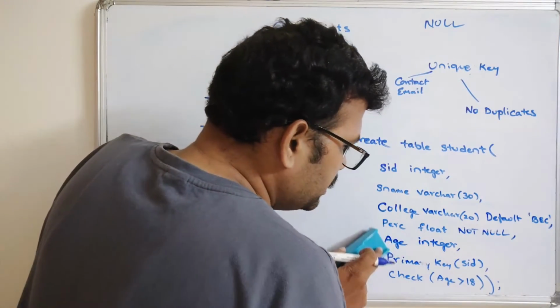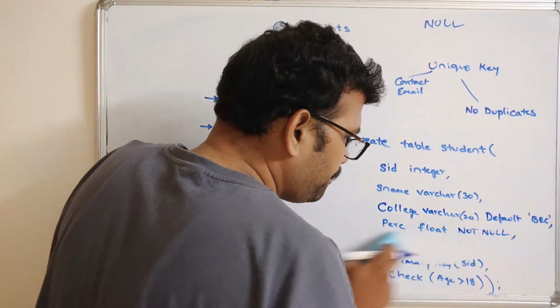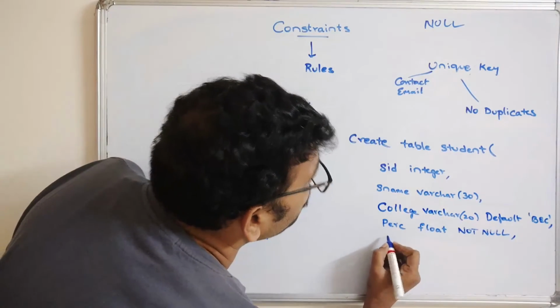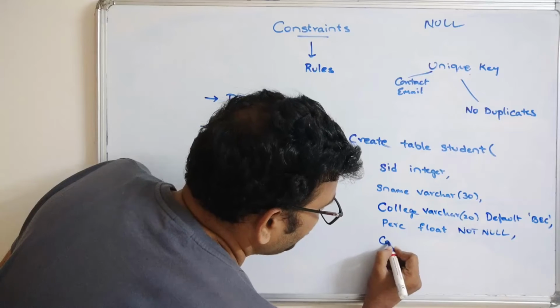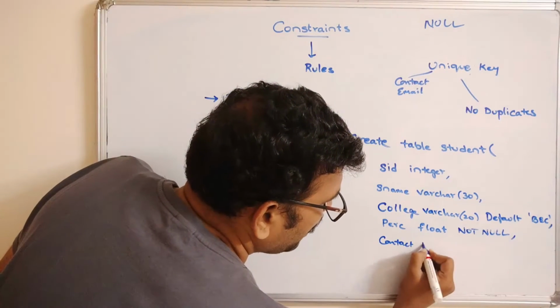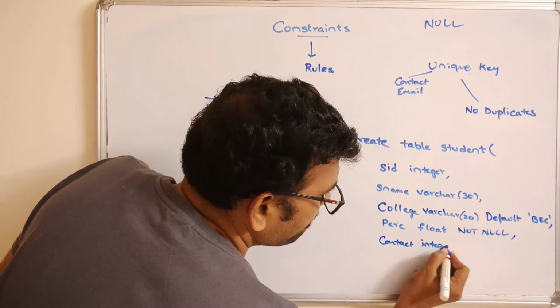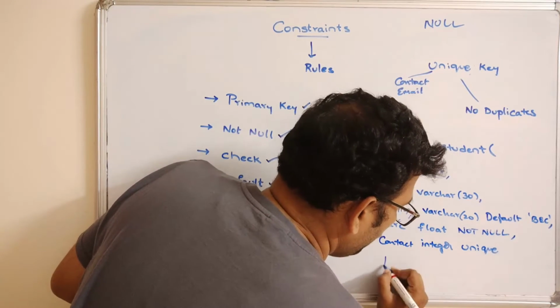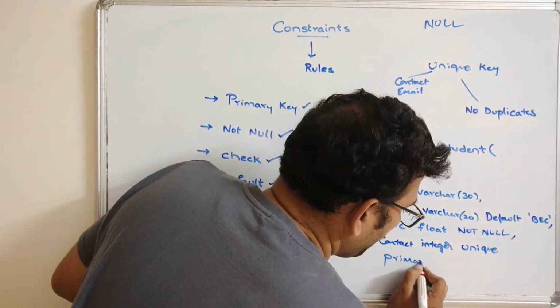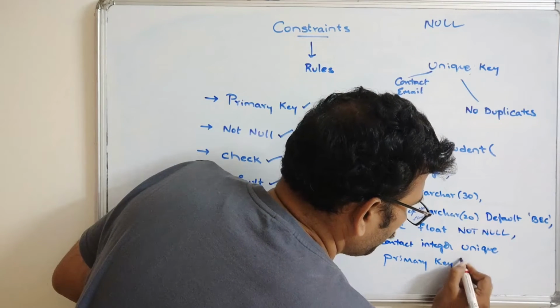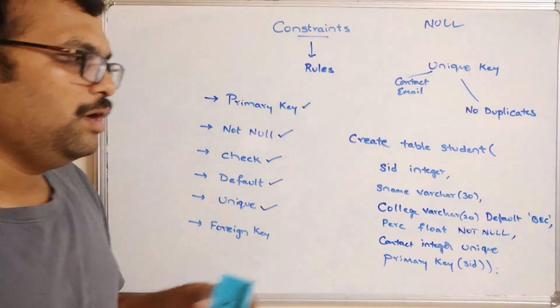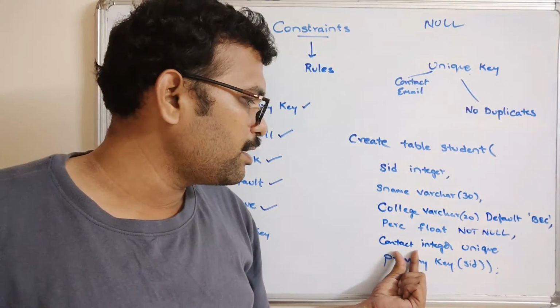So here, instead of age, I will give contact as an integer, followed by the constraint unique, and the primary key of SID. So automatically the contact number will be unique.